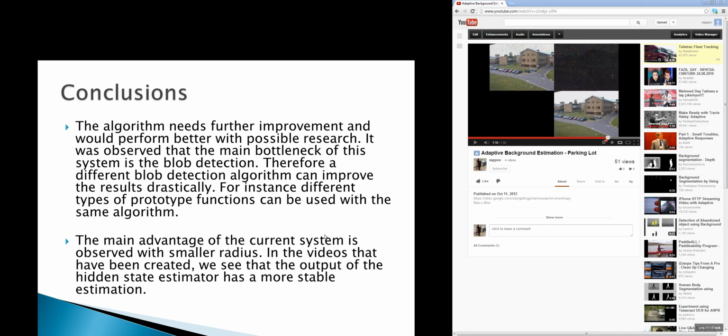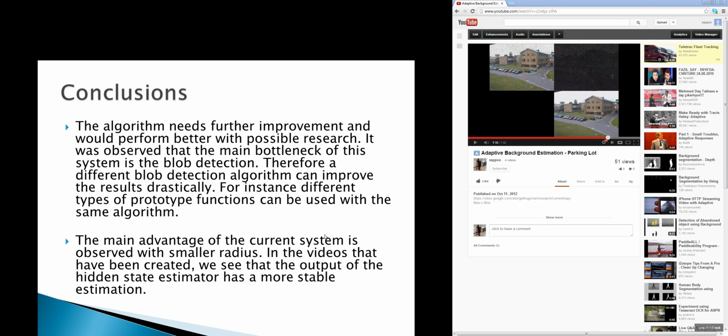A very basic idea even is using an iterative approach: using this blob detection algorithm, find the center, then take that patch out of there using our background estimation, and use that patch as a prototype which will better fit the overall shape. So this iterative process can merge the current blob detection with the background estimation that we have and produce better results. These are possible further future research directions.